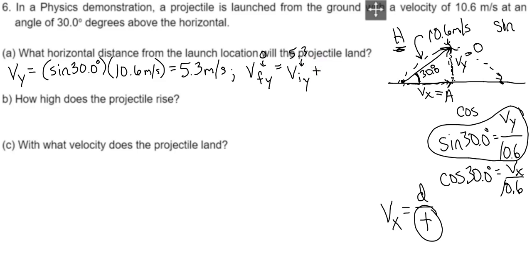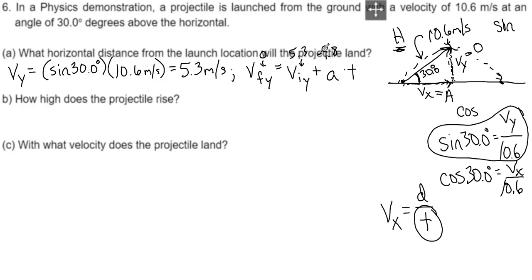plus acceleration due to gravity. Acceleration due to gravity is my 9.8 meters per second squared, times time. And time is what we are going to be looking for. Now if I plug all this in, I have to remember that because gravity is acting against it, it's actually negative 9.8 meters per second squared.